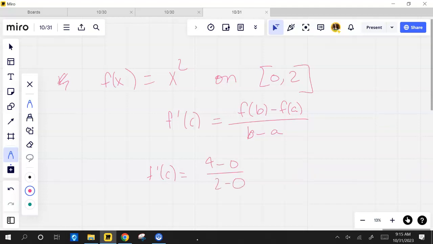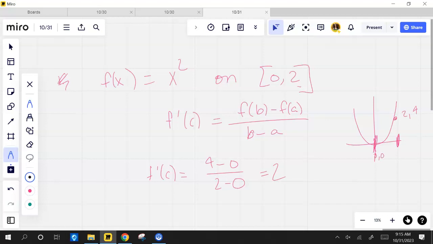I'm just plugging in. Take the average rate of change of the endpoints, so the slope of the endpoints. And then I know that somewhere in this interval, and I know that this is x squared, I happen to know what this looks like, from 0 to 2. This is the point (2, 4). This is the point (0, 0).